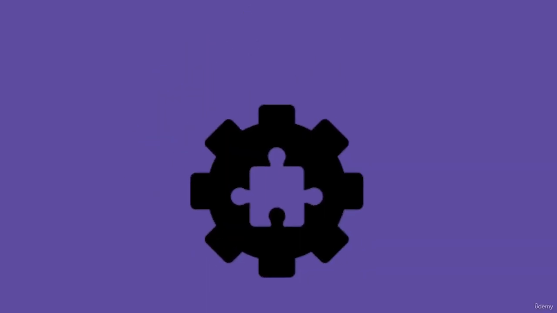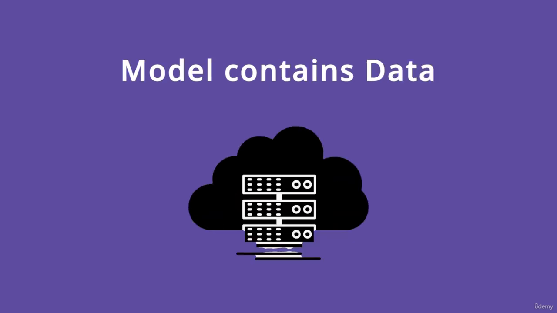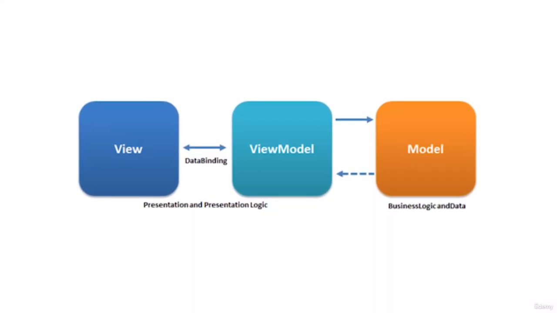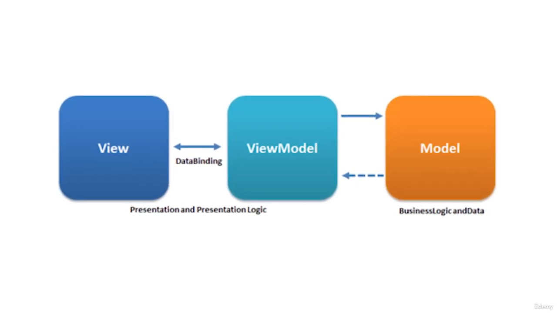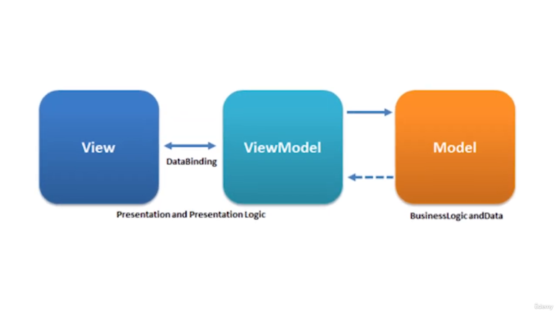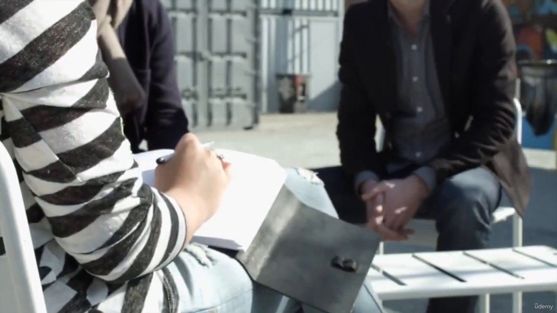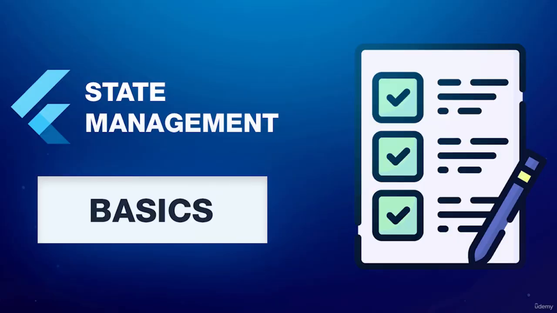And when it comes to its components, the model contains all the data, the view contains the layout that shows on the screen, and the view model is the middleman which facilitates the communication between the model and the view.